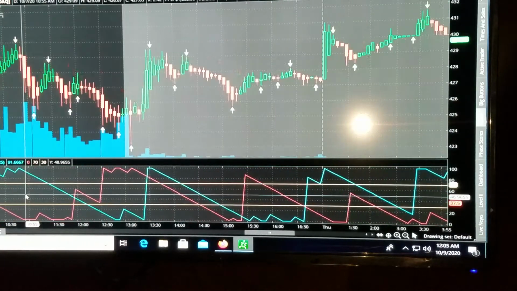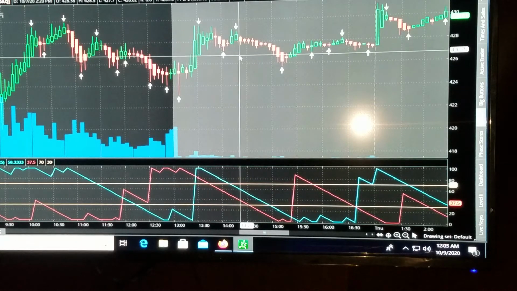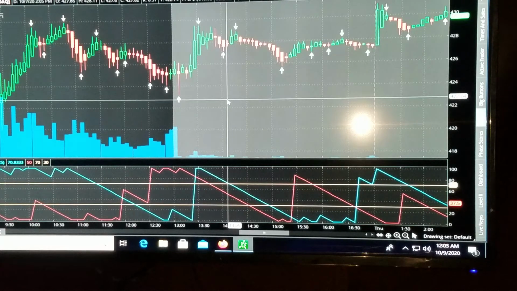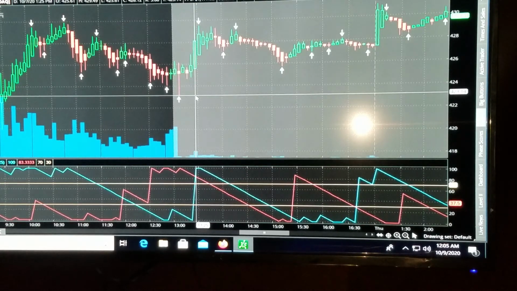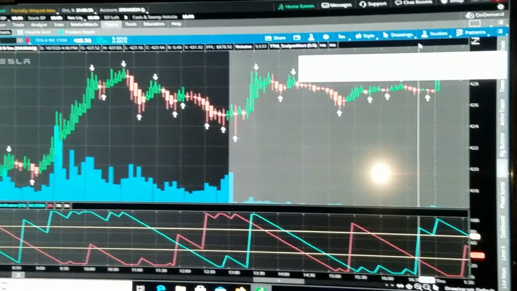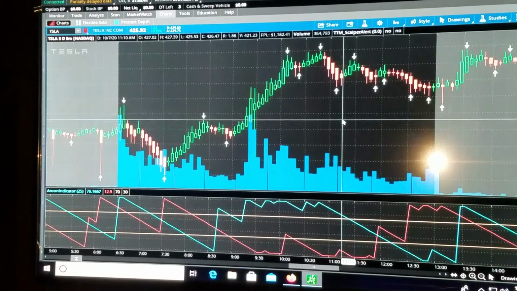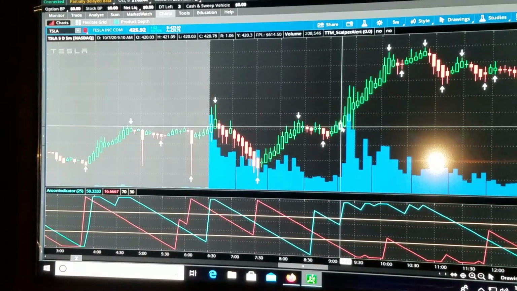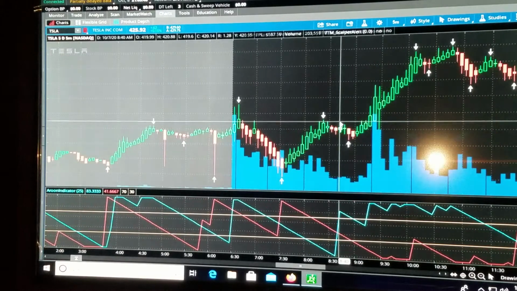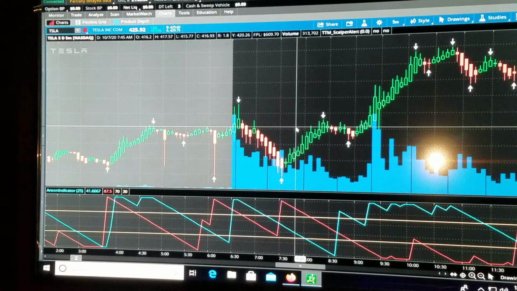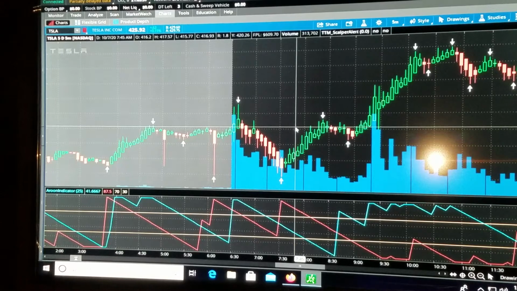If we were in a period of consolidation, now I'm not necessarily the greatest at math, so you'll have to forgive me here. Anyway, the idea is that this TTM scalper works great in a trending market.